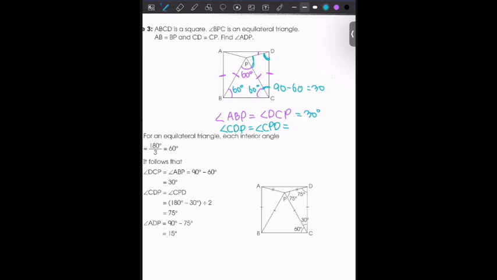And since those two are equal, we already know that angle PCD right here is 30 degrees. And so to find one of these angles, we're going to subtract 30 degrees from 180, and then divide by 2, since these two are equal. And so that's going to be 150 divided by 2, which is 75 degrees.